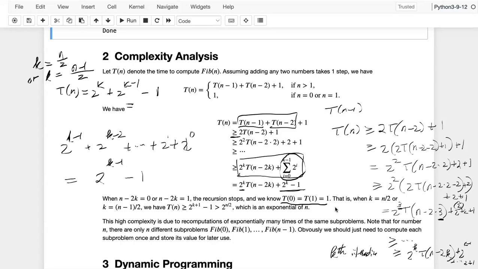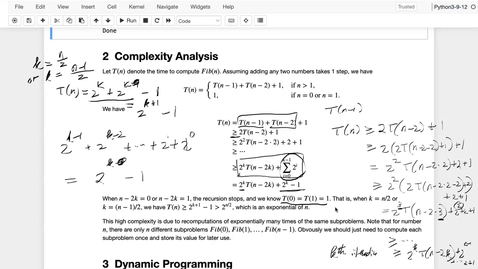I'm sorry, when you add them up, it's 2 to the k minus 1. So this then is equal to 2 to the k times 2, so it's 2 to the k plus 1 minus 2.